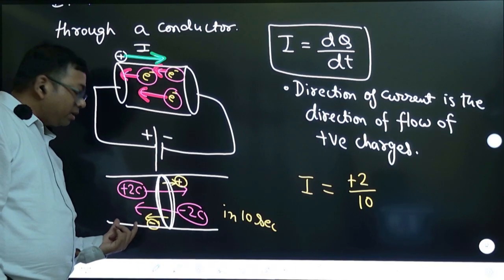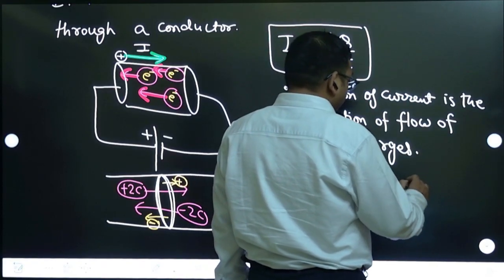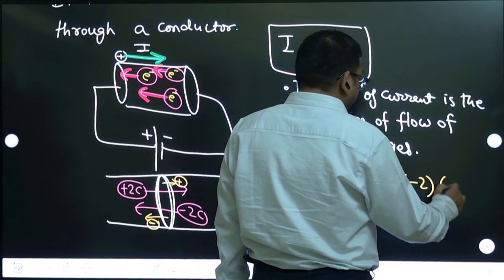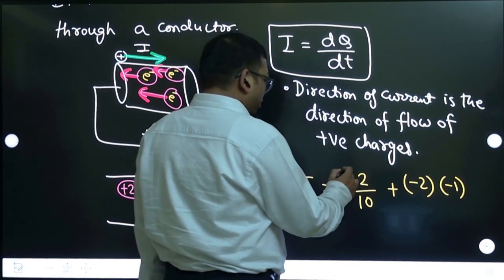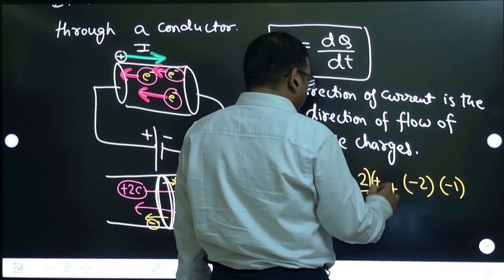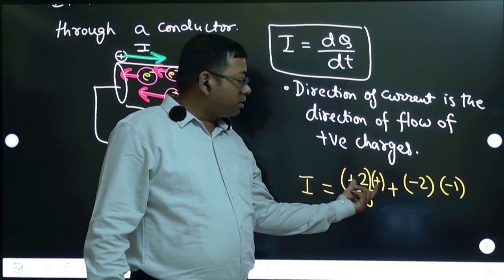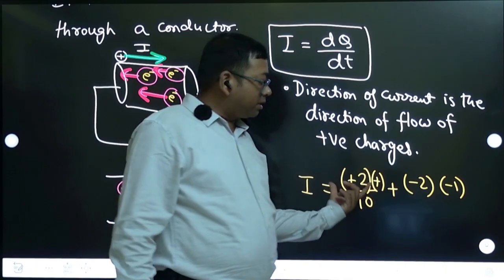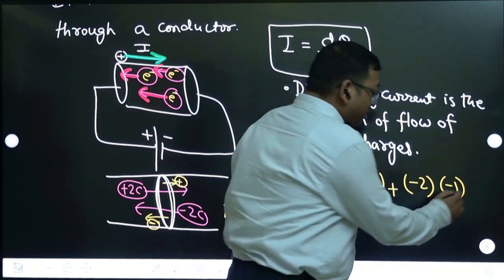Negative charge flowing in the negative direction also makes positive current. So negative charge minus 2 is multiplied by a minus 1 for direction. Positive charge multiplied with positive direction divided by time is current; negative charge multiplied by negative direction divided by time.